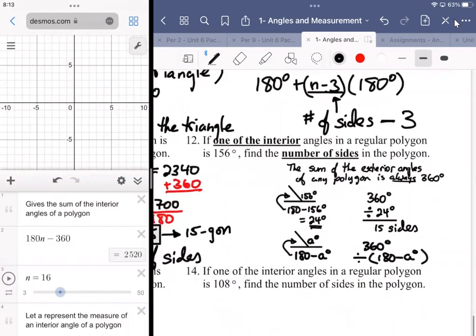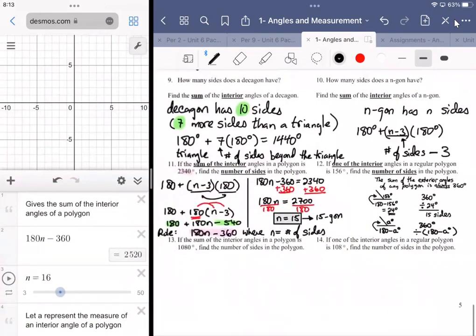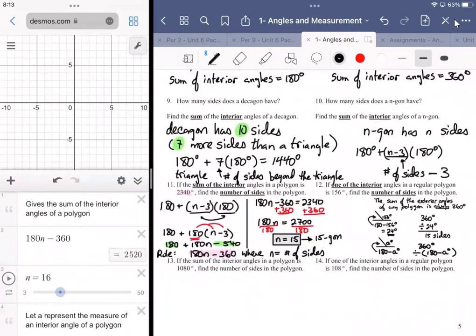Like we already did number 13 to some extent, where we would say, okay, we have the sum of the interior angles is 1080. So I would scroll along until I come up with 1080. So this would be n is equal to 8. Number of sides is equal to 8. Easy enough, right? Without having to do the algebra.